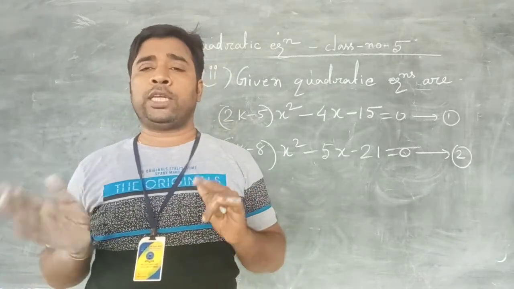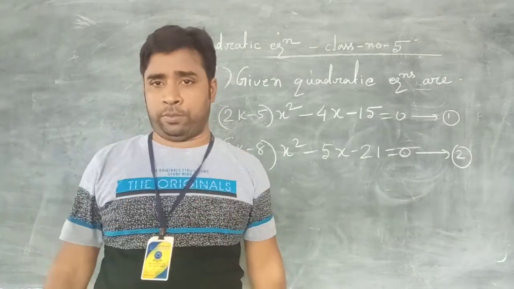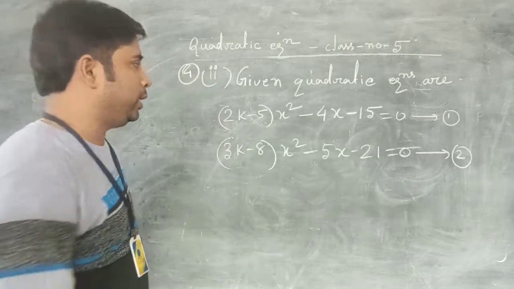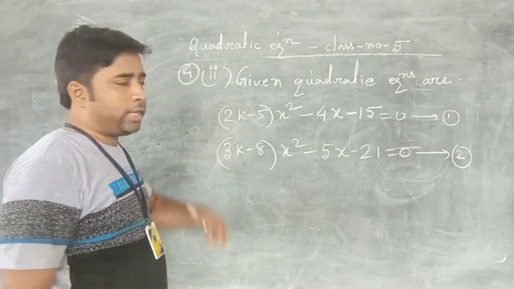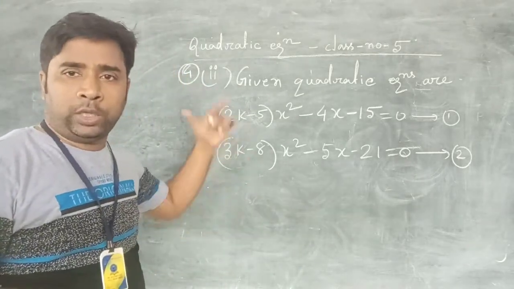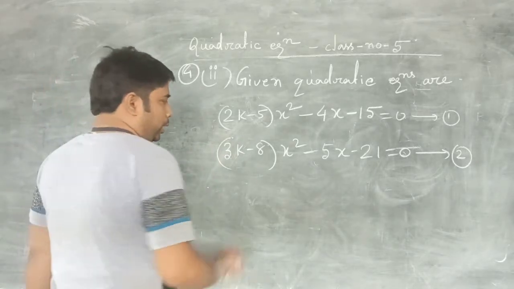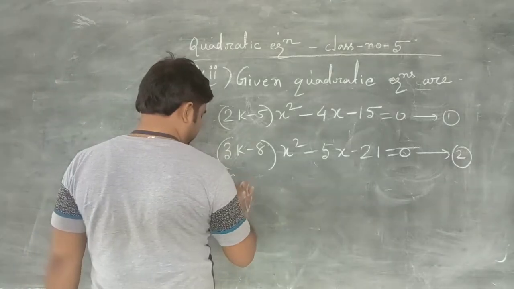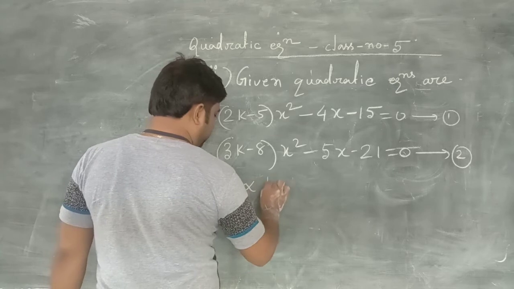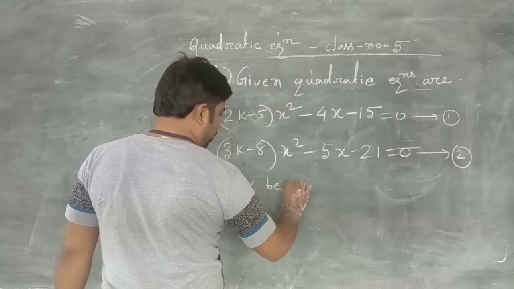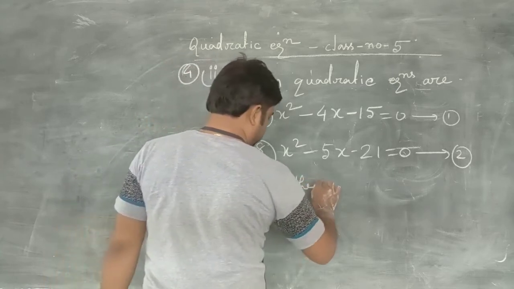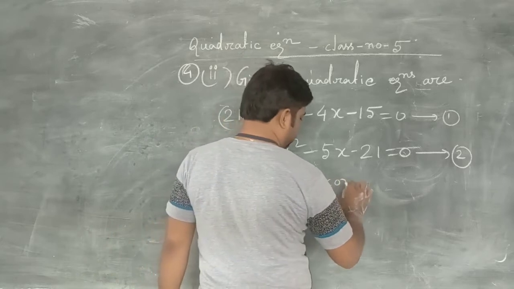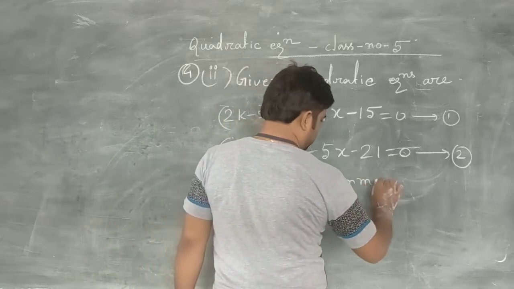So if we consider that alpha is the common root of the two equations, then in place of x we can write alpha in both the equations. So let alpha be the common root.